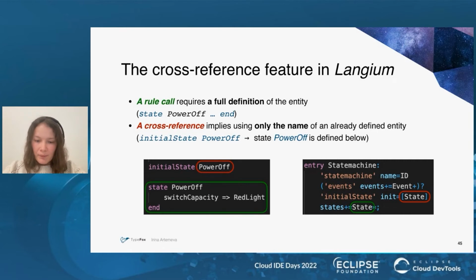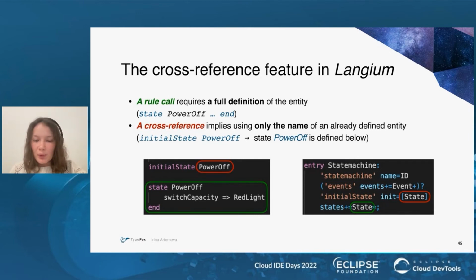What is the difference? When we had it like a usual rule call, it was the case when we wanted to have a list of states. So for each rule call, we got the full definition of one state, and we had four states: power off, red light, yellow light, green light. Otherwise, when we used it like a cross-reference, we did it for the initial state.